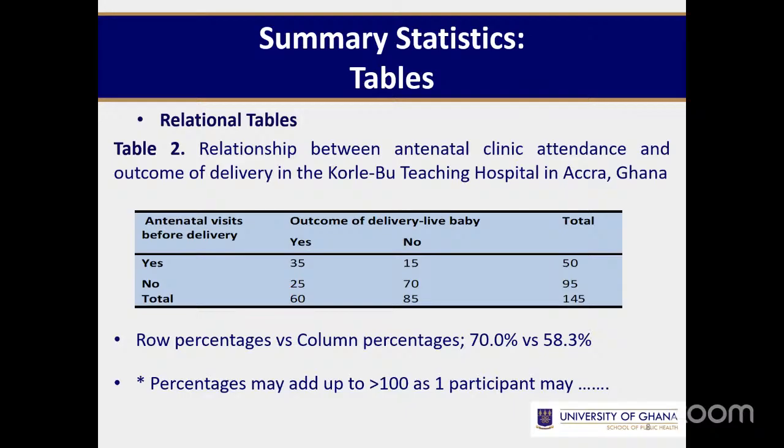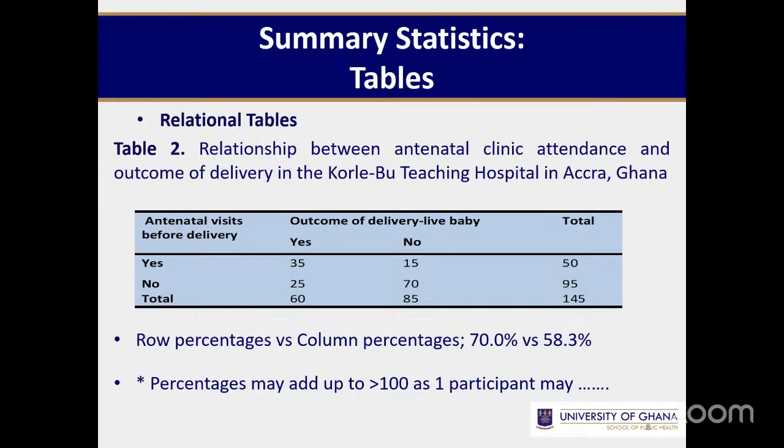How many of you have come up to this before? You have been in a situation that when you sum up, you have done your calculations, but when you sum up the proportion or the percentages, it's more than 100%.